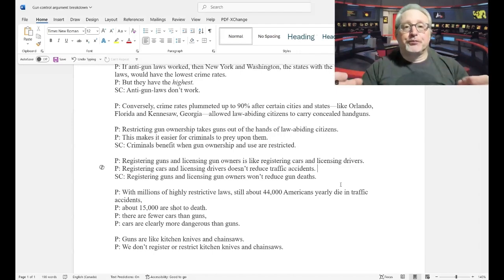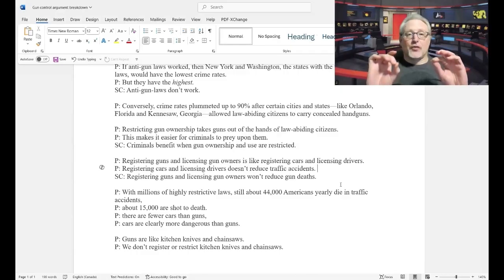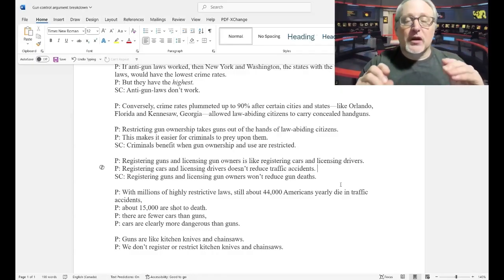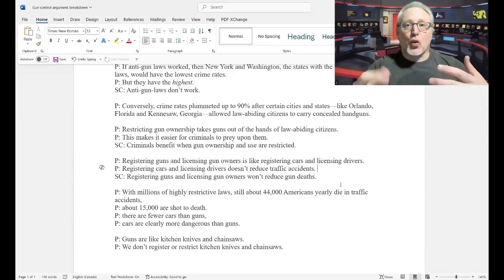Keep in mind that this analogy is in service of the main conclusion of the text, which we have already decided is that the government should not require licenses for guns.